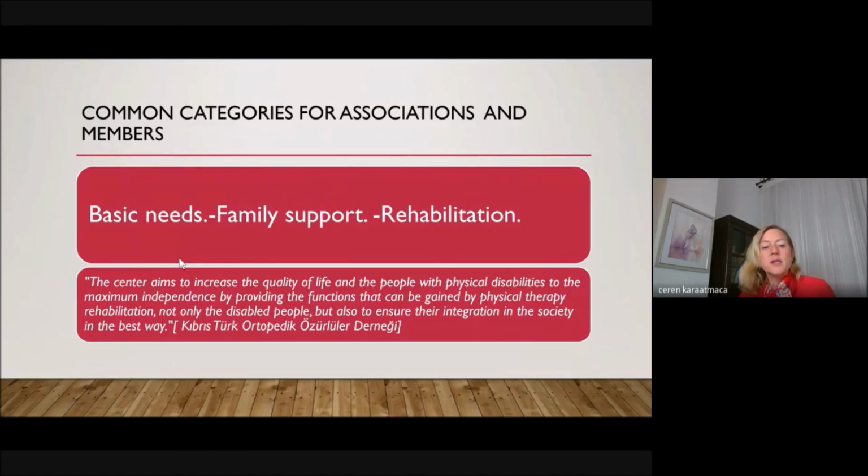The center aims to increase the quality of life, I'm reading directly, of people with physical disabilities to the maximum independence by providing the functions that can be gained by physical therapy rehabilitation, not only for the disabled people, but also to ensure their integration in the society in the best way.